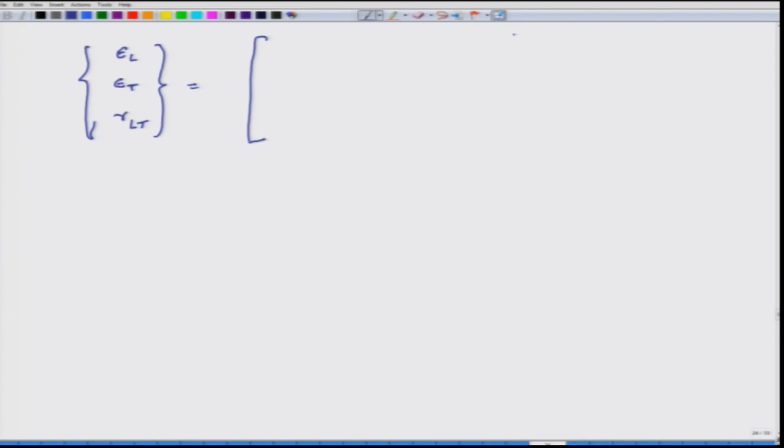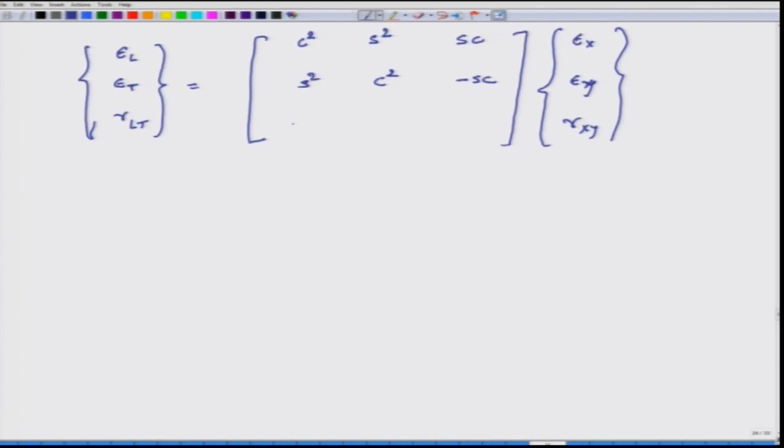So, this is equal to epsilon x, epsilon y and gamma xy, and the transformation matrix is C square, S square, SC; S square, C square, minus SC; minus 2SC, 2SC, and cosine square minus sine square theta.